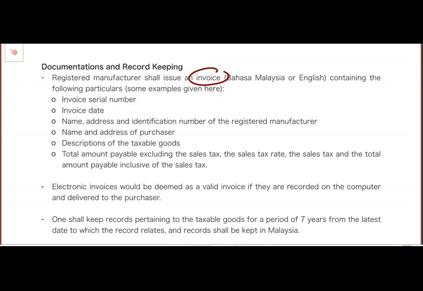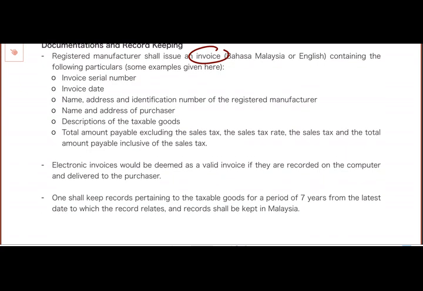Like the invoice must have a number, must have a date, logical, right? Number, date. Now the seller's name, address, and their ID, because registration has an ID, okay? Now the buyer name and address, descriptions of the goods, the amount payable without the sales tax, the sales tax rate, the sales tax, and the total. Now there's a lot more details, but this is the main stuff, okay?